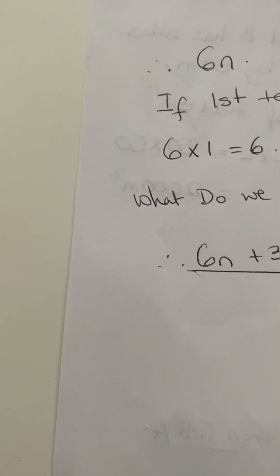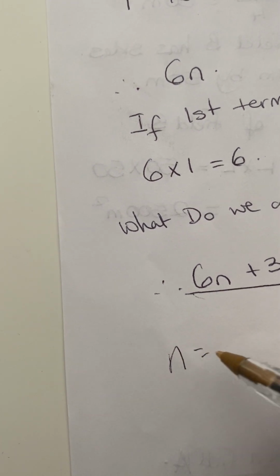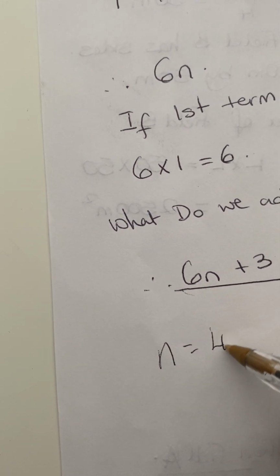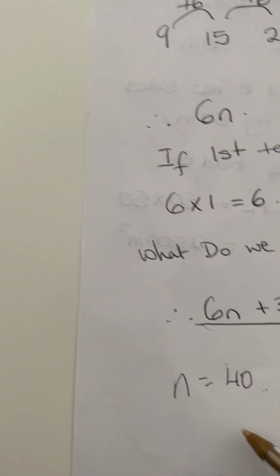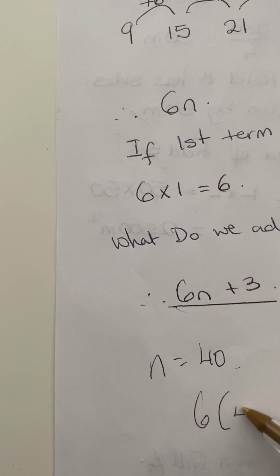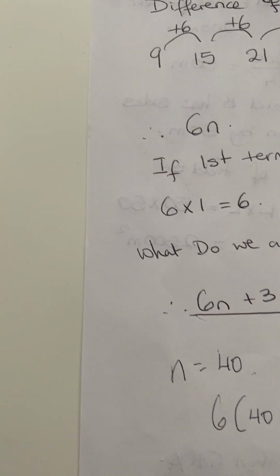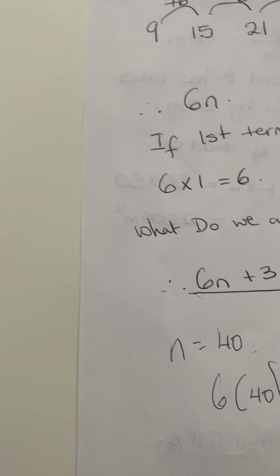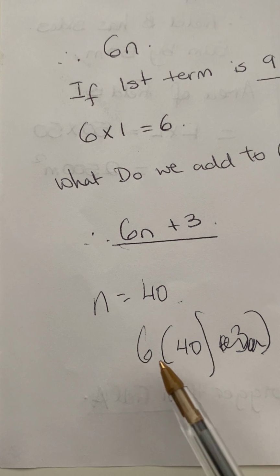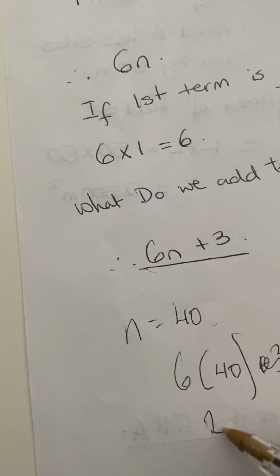Assuming they ask us to find the 40th term, n will be 40. So 6 times 40, add 3. 6 times 40 first before you add 3. You can do this on the calculator, because 6 times 4 is 240.